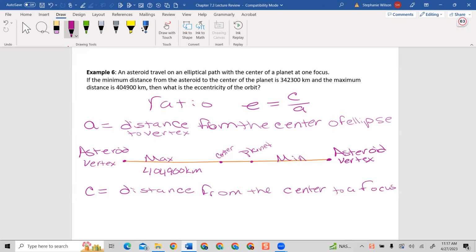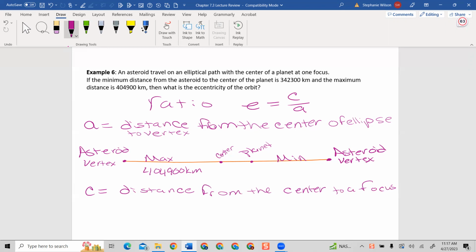Okay. So now that we've done that, we notice that the center of the planet is one focus of the elliptical orbit. So we're going to consider it as just a point. So we notice the length of the major axis can be determined by adding the maximum and the minimum distance that the asteroid is from the center.